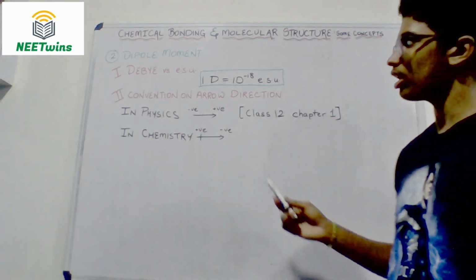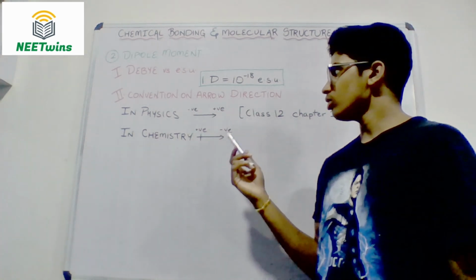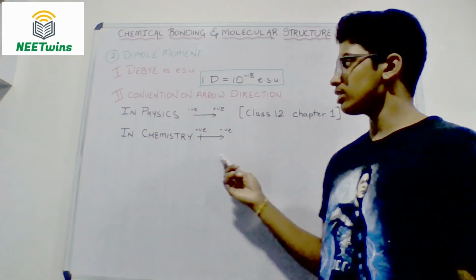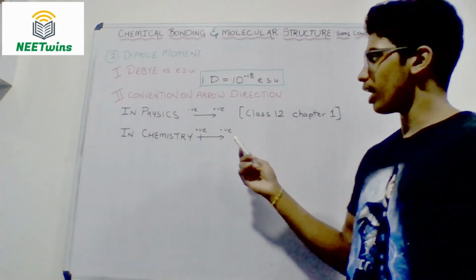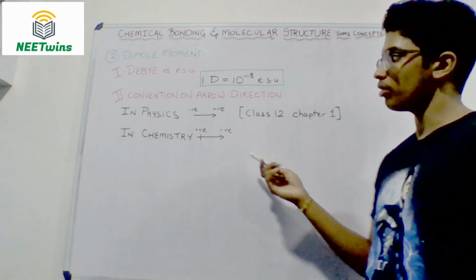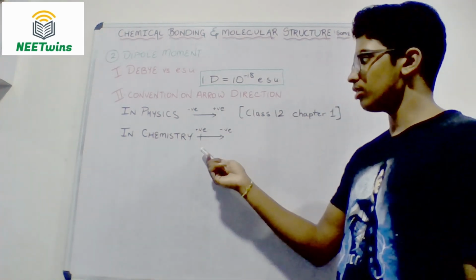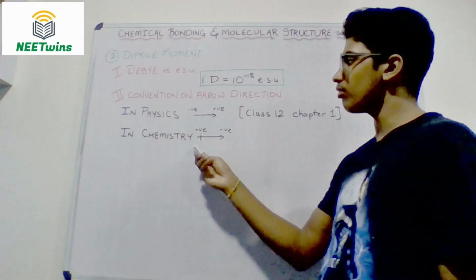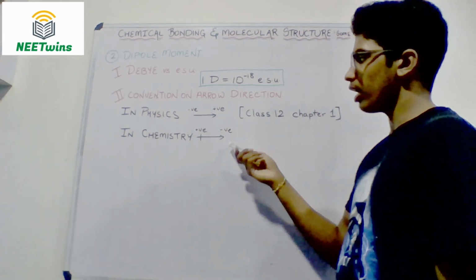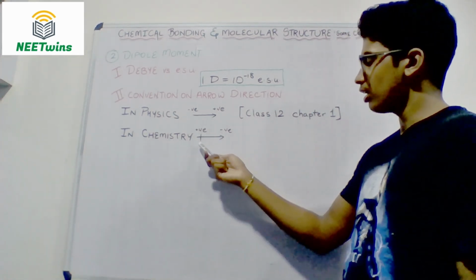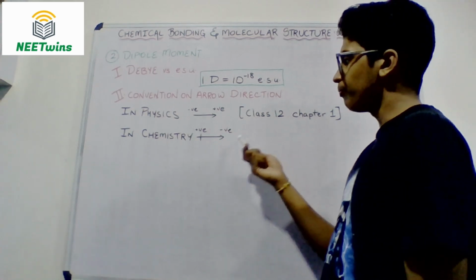And next we'll go to the convention and arrow direction. In chemistry, in this chapter, we learned that the direction of the arrow of dipole moment is from positive to negative. The simple logic behind this is that it's the more electropositive one that donates electrons to the more electronegative one, and this is the direction in which electrons go.